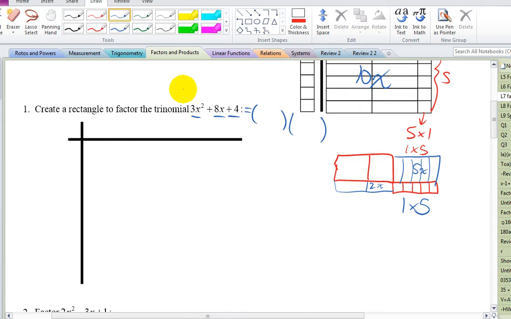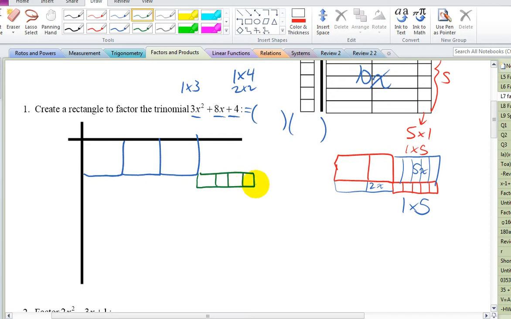Because 3 has only a 1 by 3 combination, there's no other factors, right? Those are the only 2 factors. Let's just draw it, and it doesn't matter if we draw it this direction or in the other direction. It does not matter because it's only one specific arrangement. But the 4 can be 1 by 4 or 2 by 2. Okay? So let's try doing a 1 by 4 arrangement first.